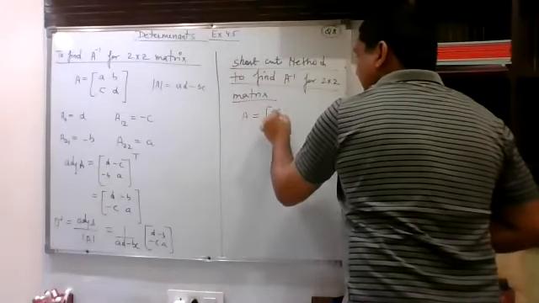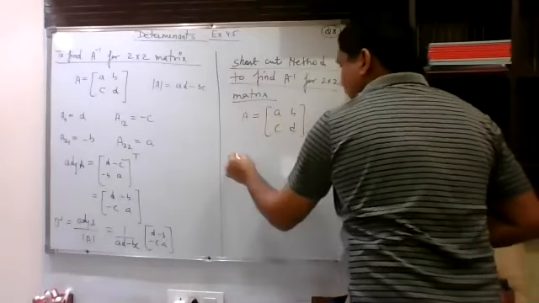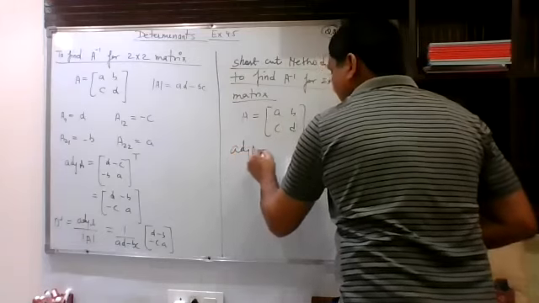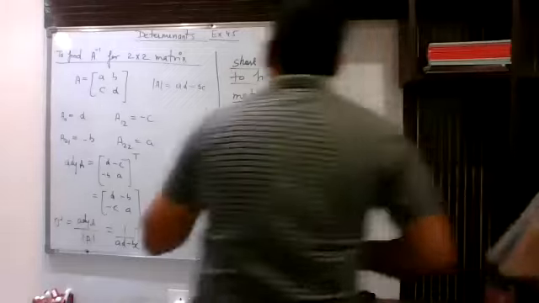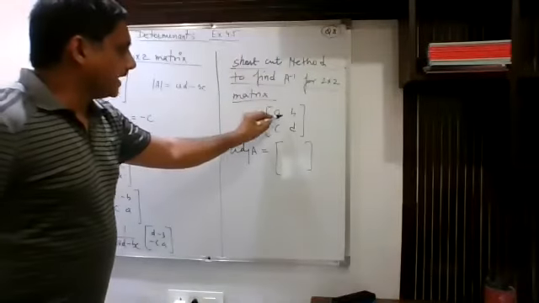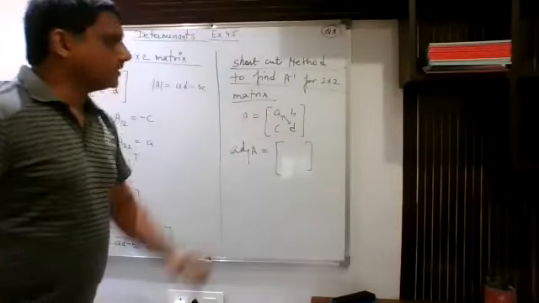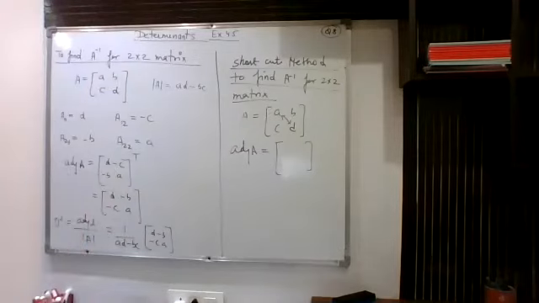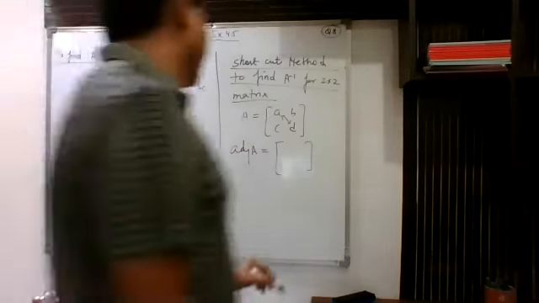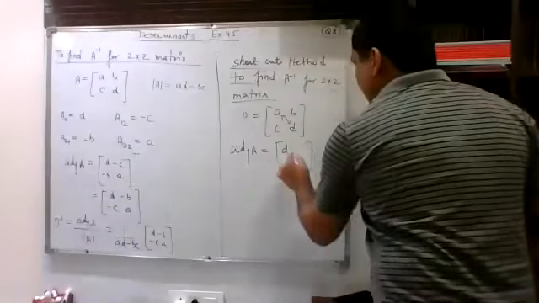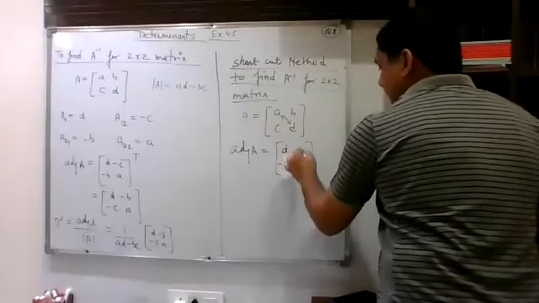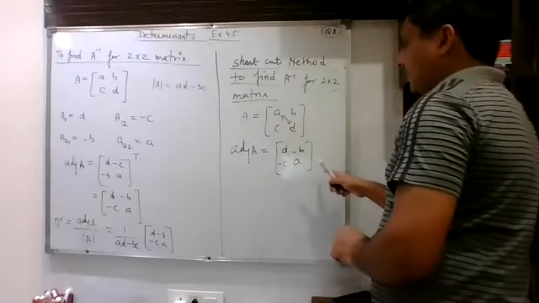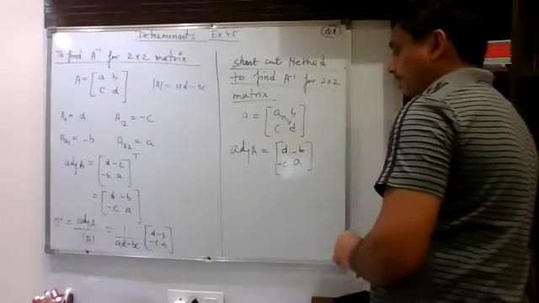A is given as A, B, C, D. So directly we can find adjoint of A by, we will just interchange the diagonal entries. So when you interchange the diagonal entries, you will get here as D, this will be A, and just multiply the off diagonal entries with -1. So this is adjoint of A.